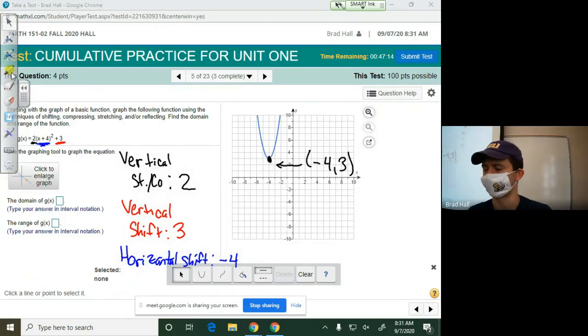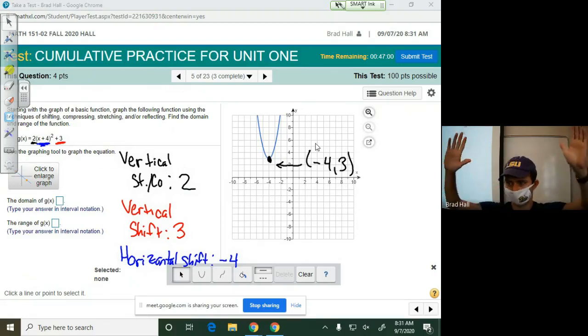So finally, we just need to figure out the domain and the range. And we have the graph, so that helps us. Now, the difference between my notes and the graph is that I use arrows and their graphs do not. They just sort of continue off until you can't really see them anymore.